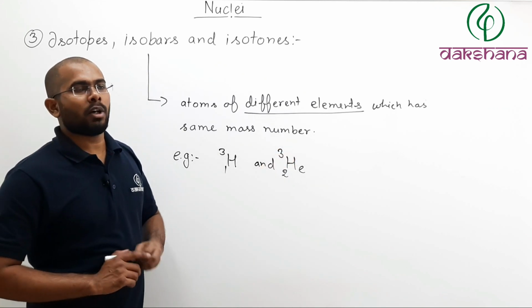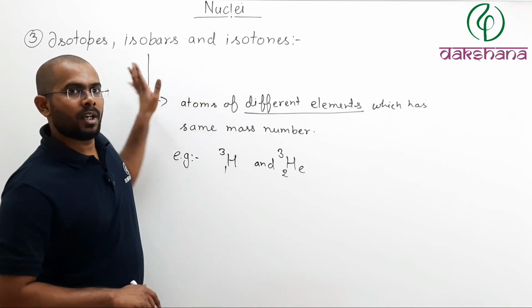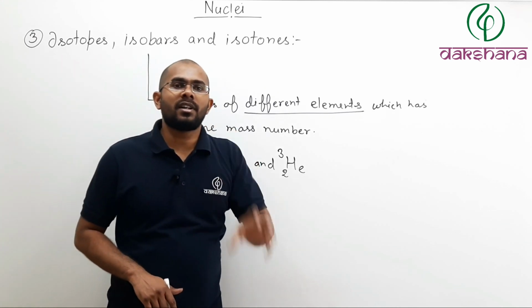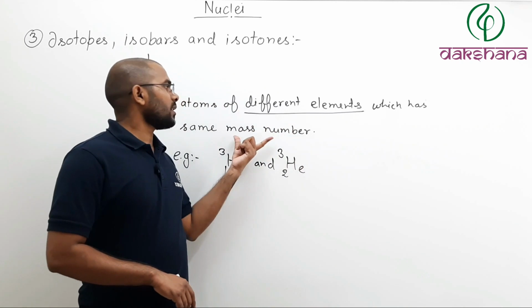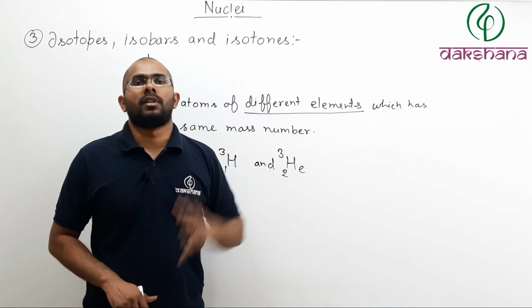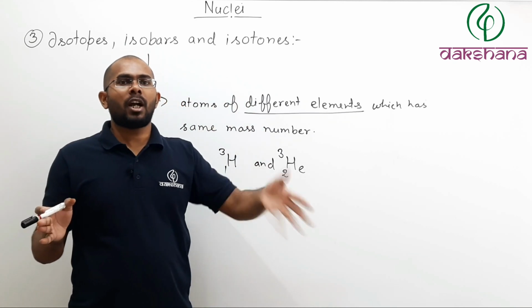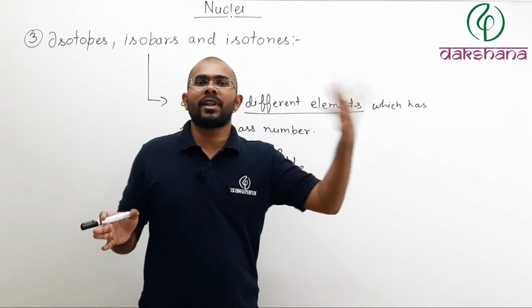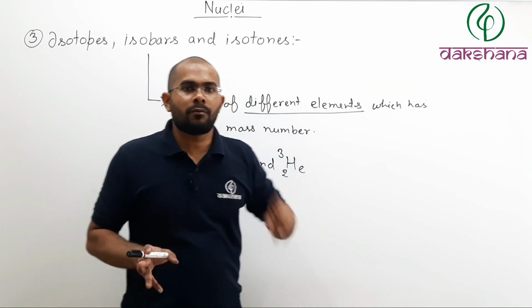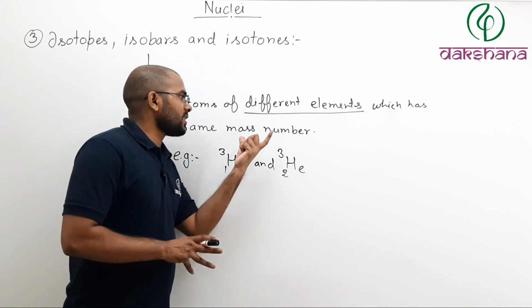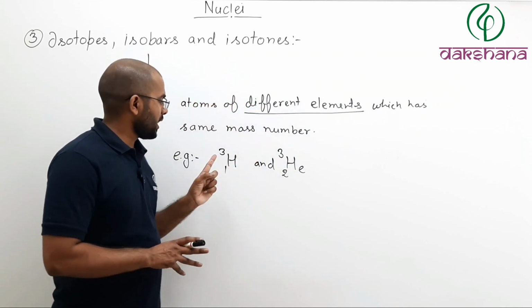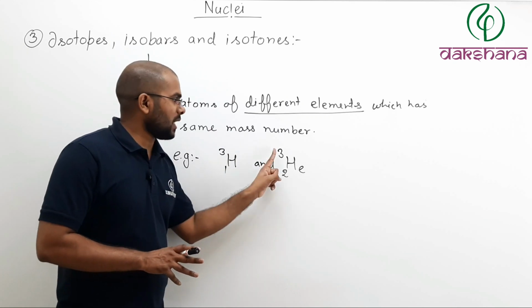Remember, when we are talking about isobars, we are concerned with the mass number as a whole. We are not looking at how many protons, how many neutrons and so on. What we are looking at is that the mass number should be the same. Here is mass number 3, here is mass number 3.